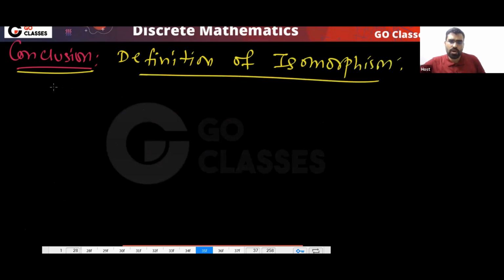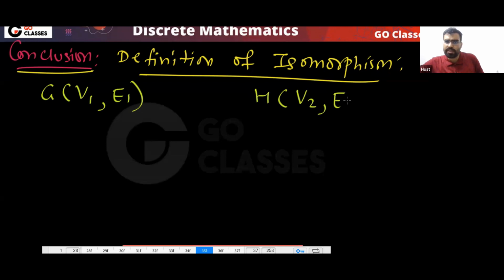Very simple: you have a graph G with V1 comma E1, and you have a graph H with V2 comma E2.